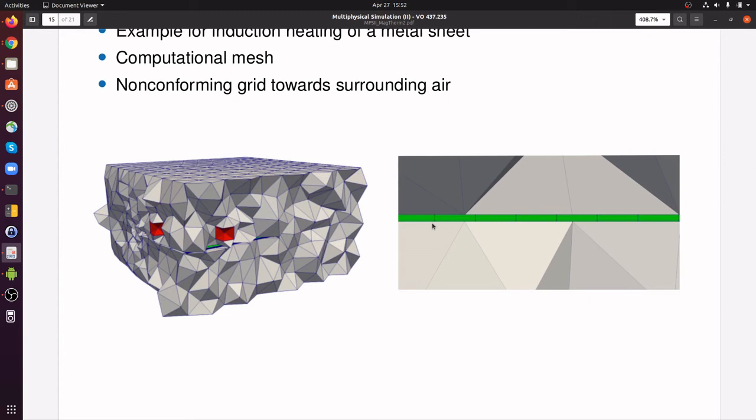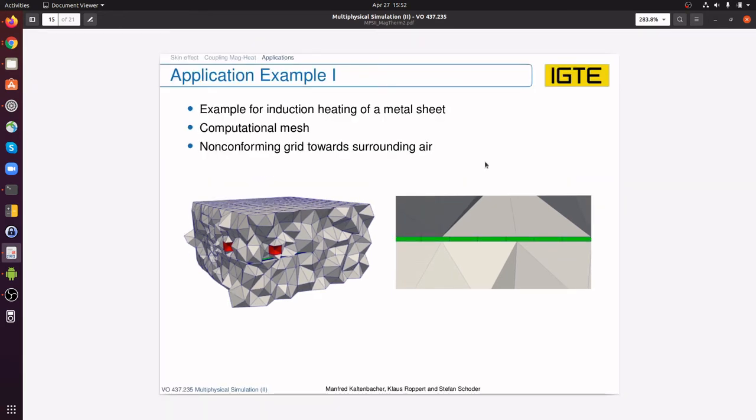The problem is, once you have meshed your sheet in that fine manner, the eddy currents are resolved perfectly, but the computation times are increasing drastically, especially if you also want to mesh the surrounding air in this fine manner. And most of the times these inductors are a bit more complexly shaped, as I've shown you in this first application example.